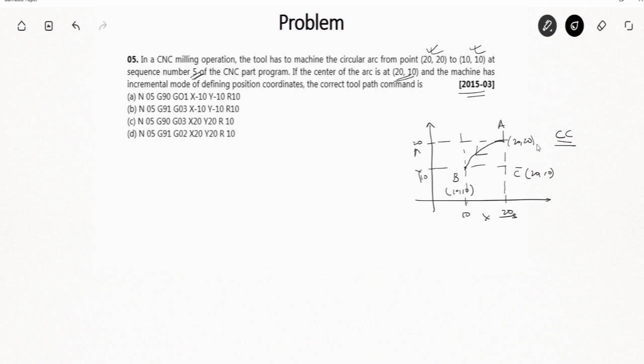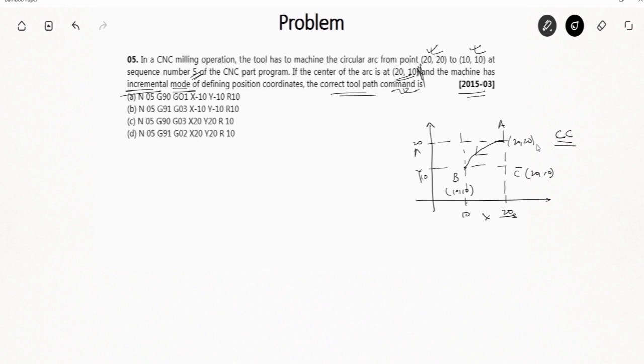From this up to this point I have made the data in this figure. Now they are saying in the question that the machine has an incremental mode of defining position coordinates. They have again mentioned incremental mode. Now they are asking about the correct tool path command.